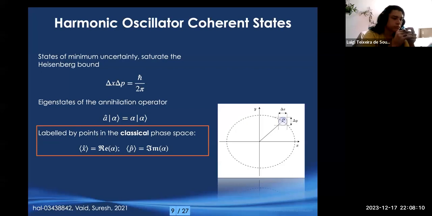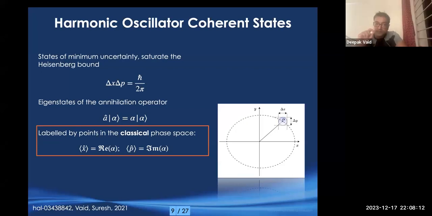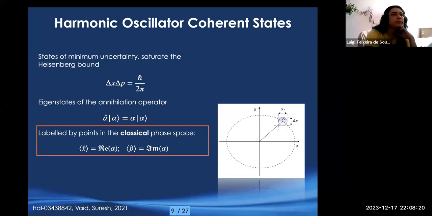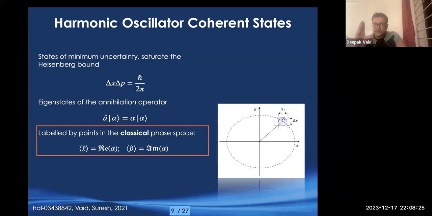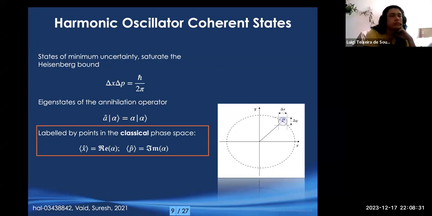So alpha basically labels a point in your classical phase space. In this figure on the right, one axis is position, the other should be labeled as momentum.